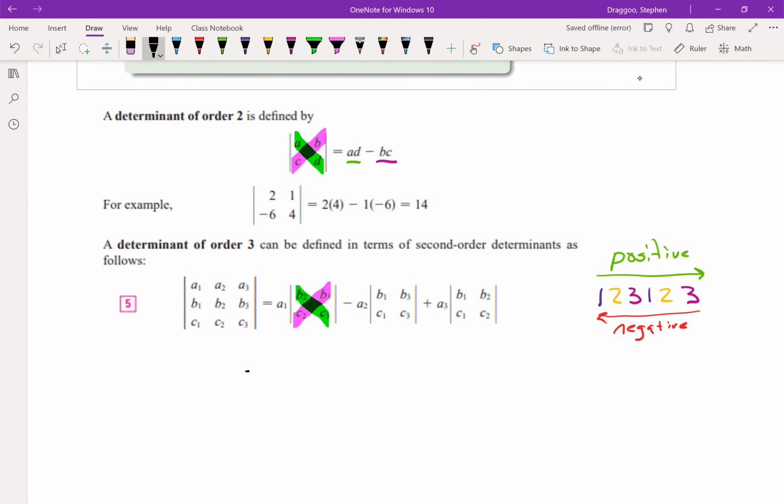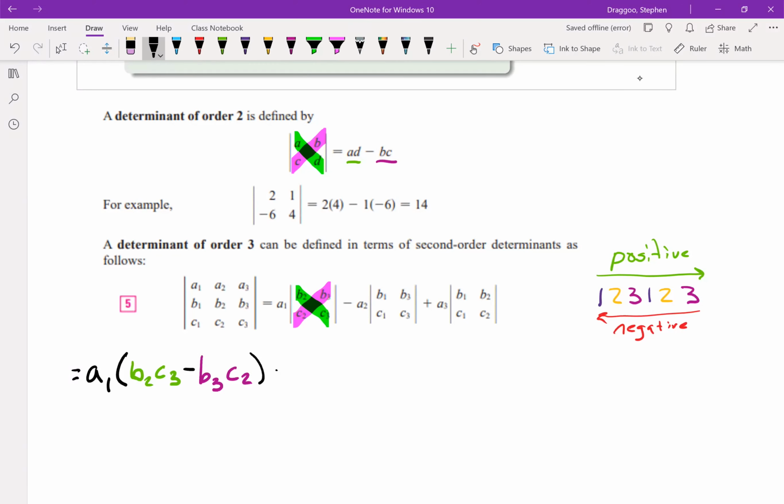We end up with A1 times B2C3 minus B3C2. I can already tell I'm going to need some more space for this, so let's just move it all the way over to the left.